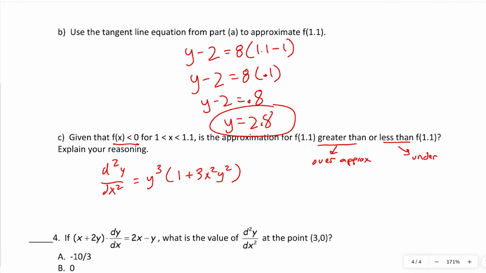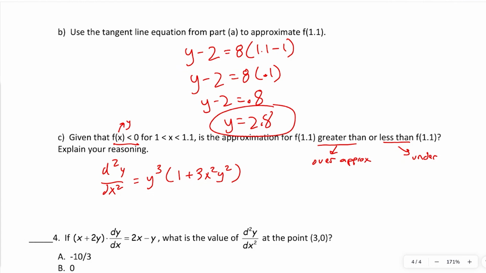F of x is negative. Oh, yeah, we don't even have to plug in anything here. Because check this out. It's saying that the function here is negative, right? F of x is y.